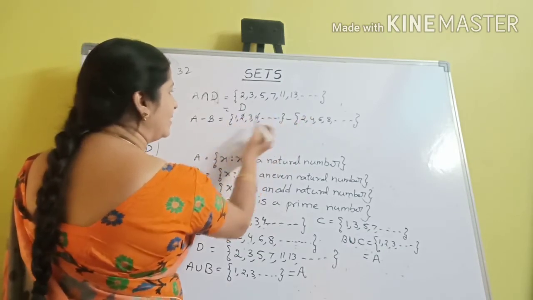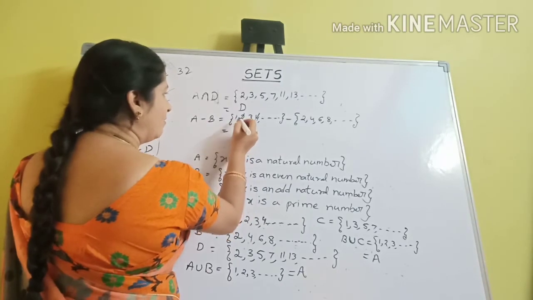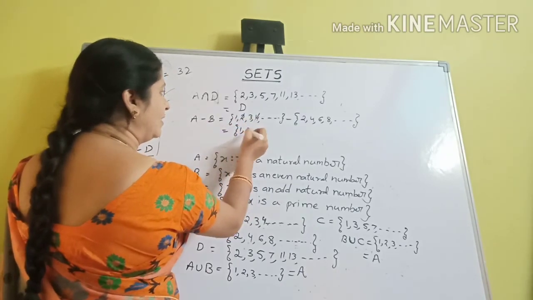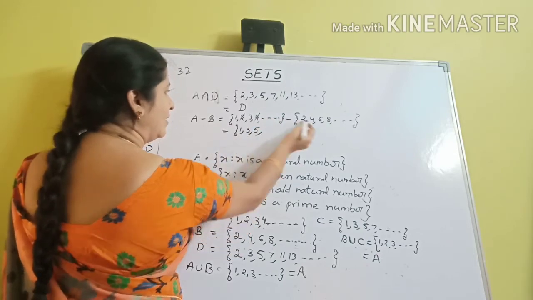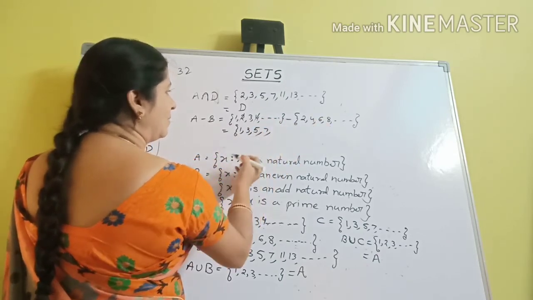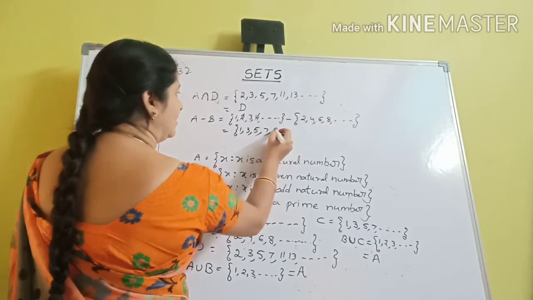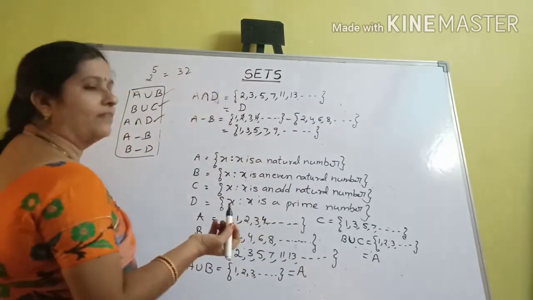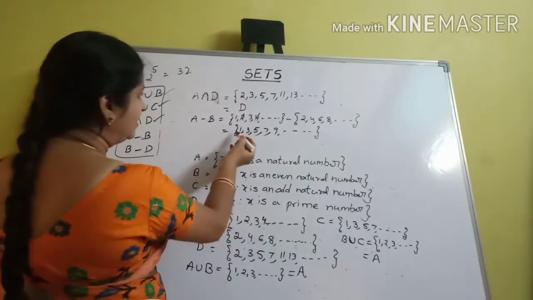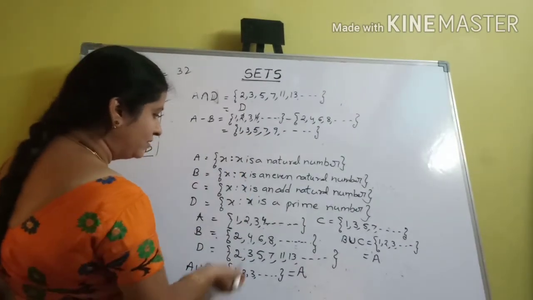So what are the remaining elements in A? 1 is remaining, 3 is remaining, 5 is remaining, 6 is cancelled, 7 is remaining, 8 cancelled, 9 is remaining. So the set is like this: 1, 3, 5, 7, 9, etc. Is there any name for this set?